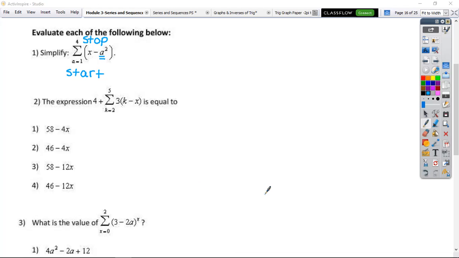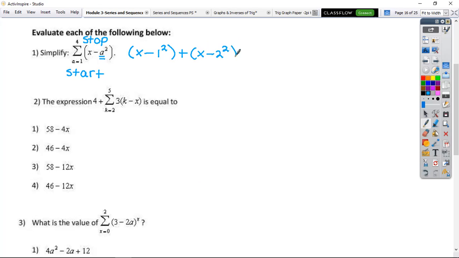So you're going to plug it in starting right at A. So my first expression is going to say x minus 1 squared plus. The next one would say x minus 2 squared.